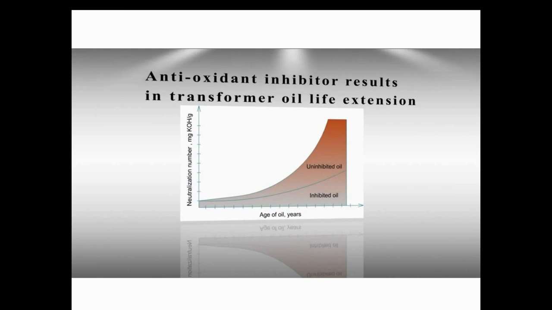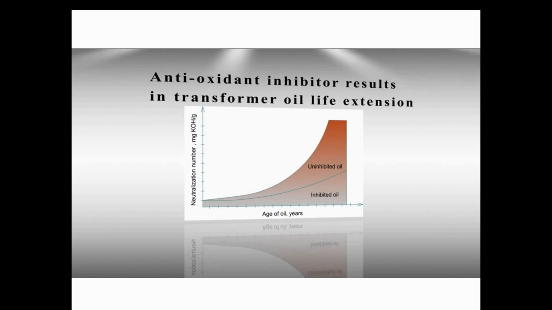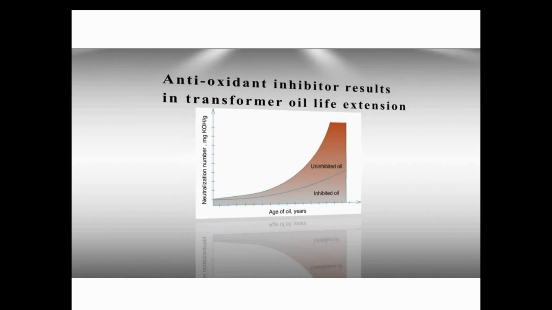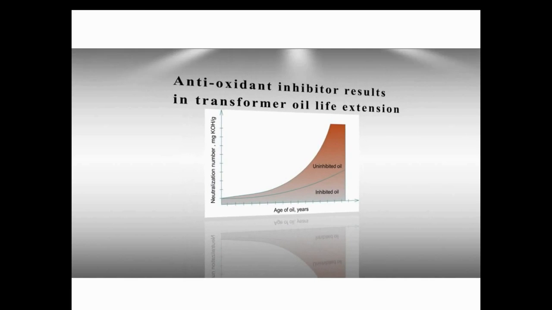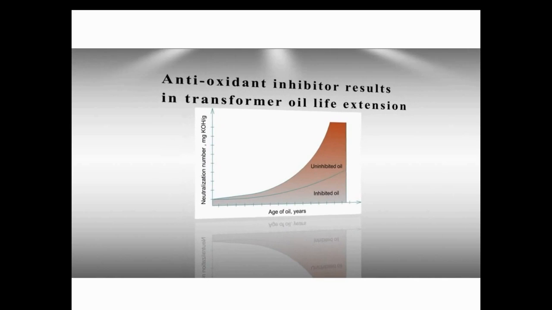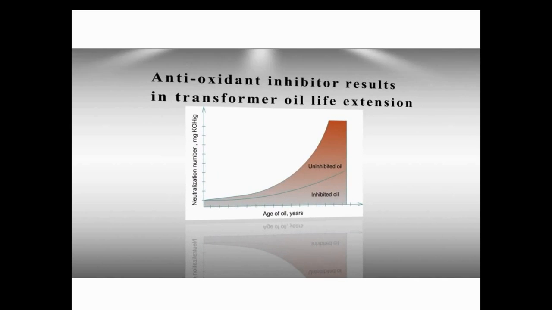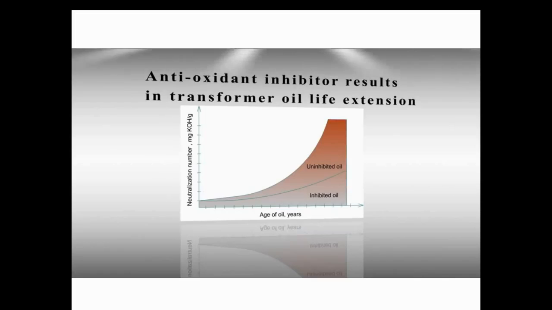Basically, the antioxidant inhibitor DBPC 2,6 is employed. It is only 0.3% of oil. Nevertheless, some companies have recently shown a tendency to increase it up to 0.4%.